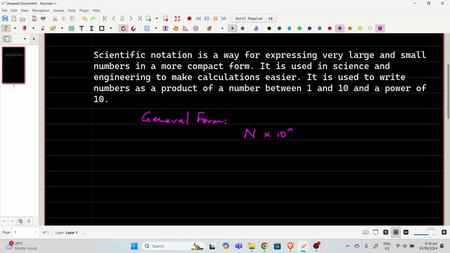It suggests r belongs to the set of real numbers, so r here would be greater than or equal to 1 and less than 10.